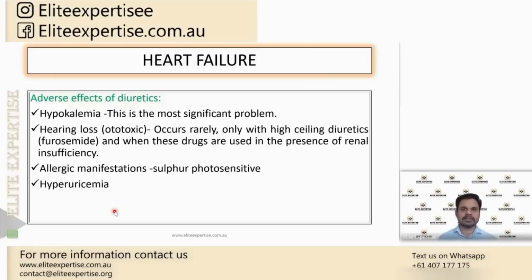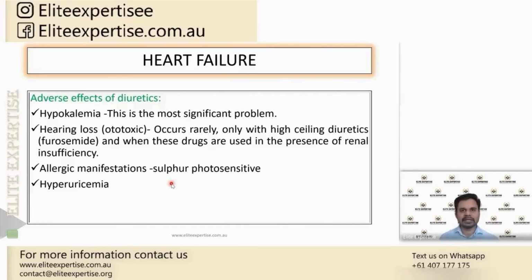The best example is aminoglycoside antibiotics, like gentamicin, amikacin. So when we combine furosemide with aminoglycoside antibiotics, then the risk of ototoxicity, that is hearing loss, will be more severe.